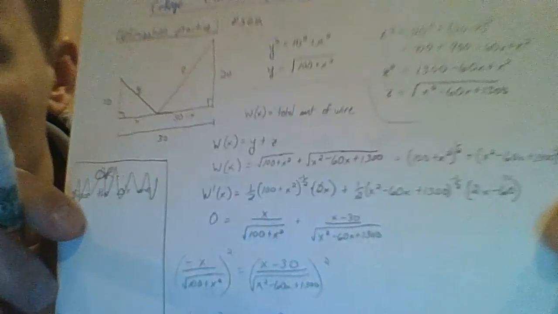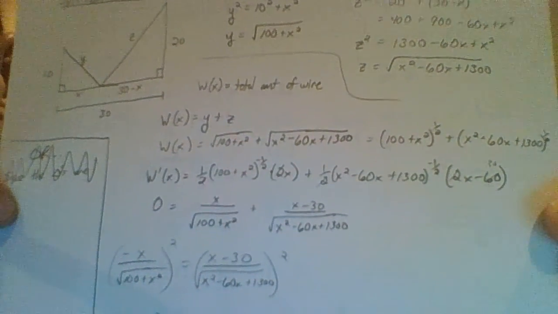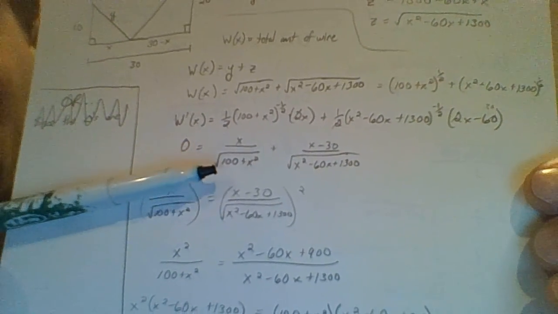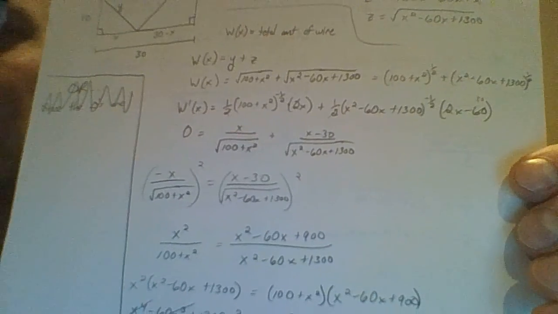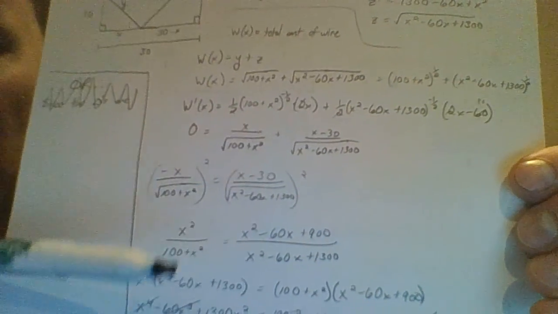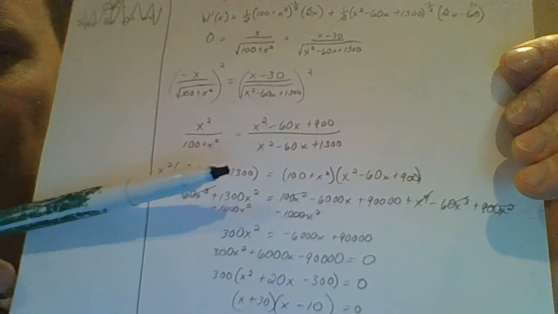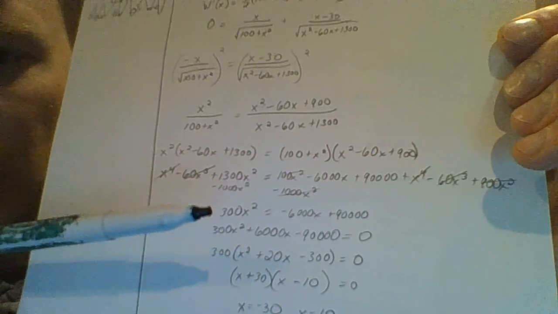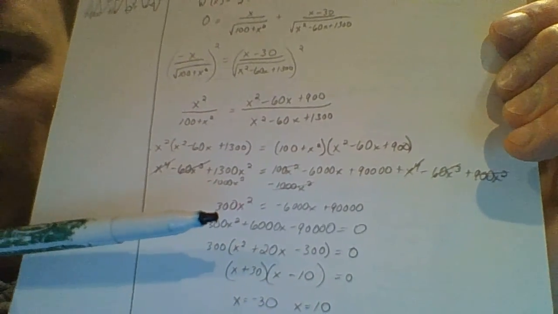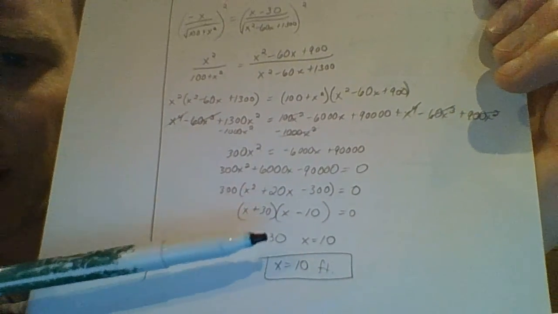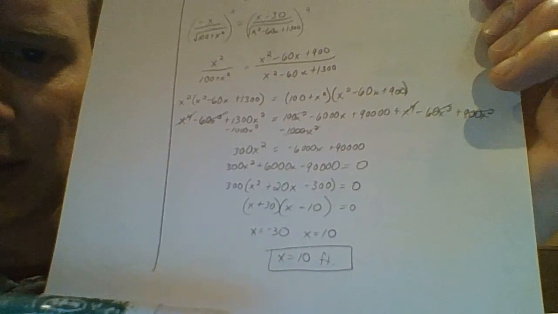And then I set it equal to 0, and I had some nice square roots in the denominator. I subtracted one of those terms over. I squared both sides. Lots of algebra to get to a quadratic function where I set one side equal to 0. I could then factor it and finally solve it to get 10.